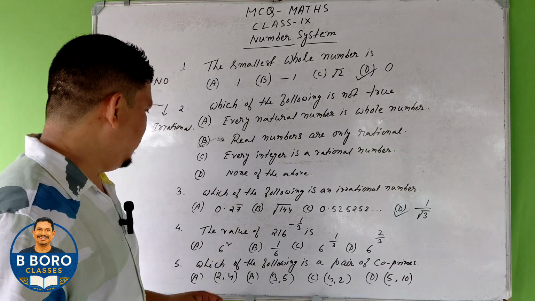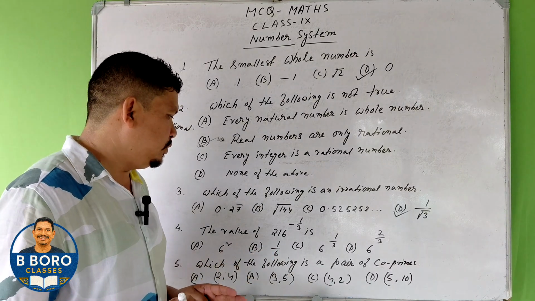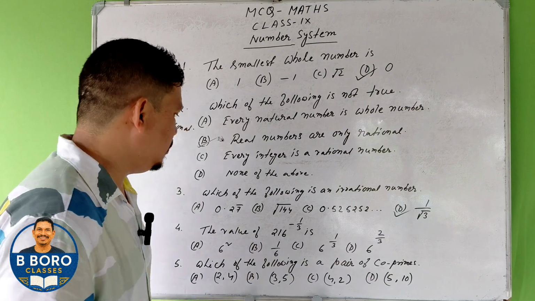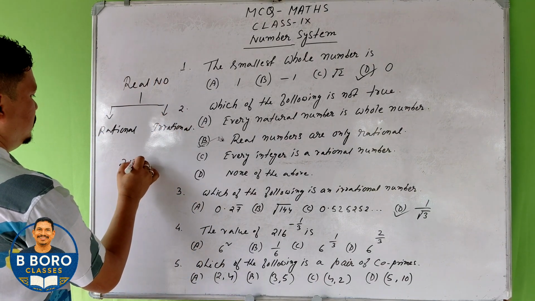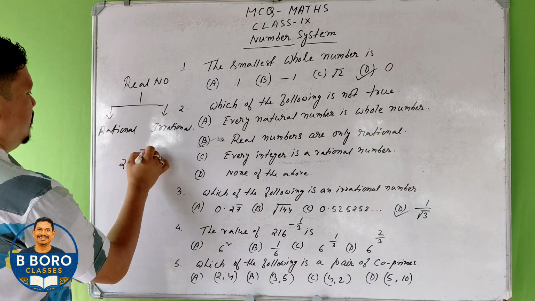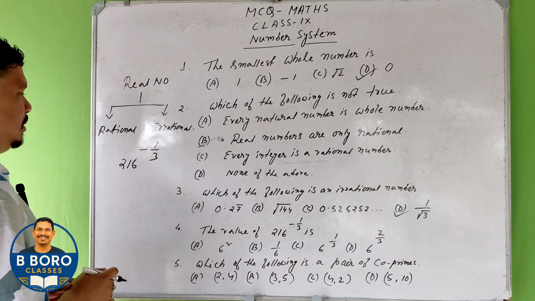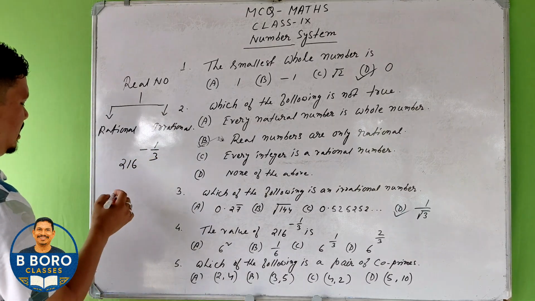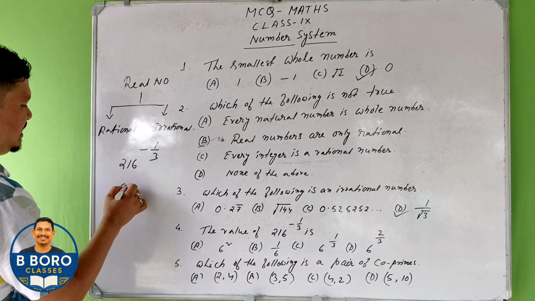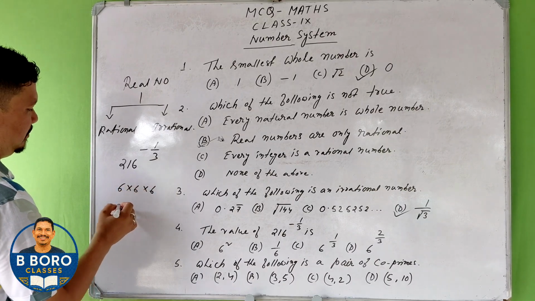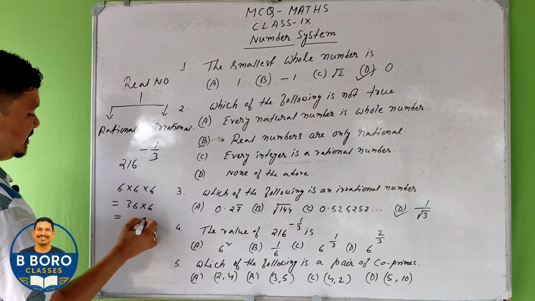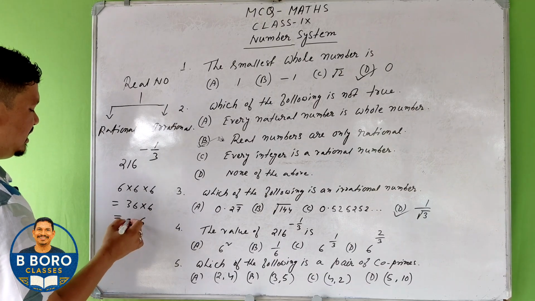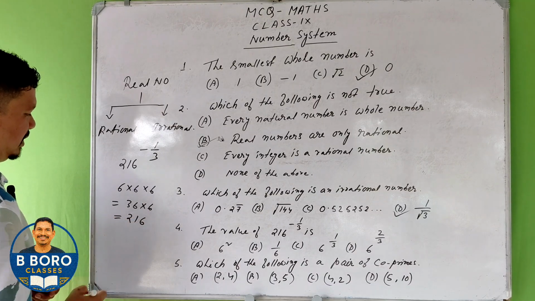Similarly, question number 4: the value of 216 to the power -1 by 3. Using the law of exponents, 216 to the power -1 by 3. 216 means if we multiply 6 three times, 6 into 6 into 6: 6 6s are 36, 36 into 6, 6 6s are 36, carry 3, 6 3s are 18 plus 3, 21, and so 216.